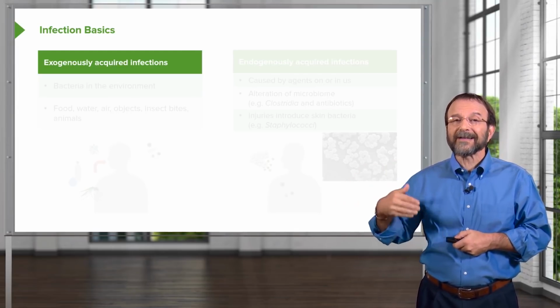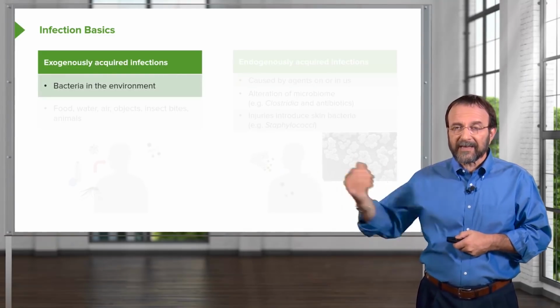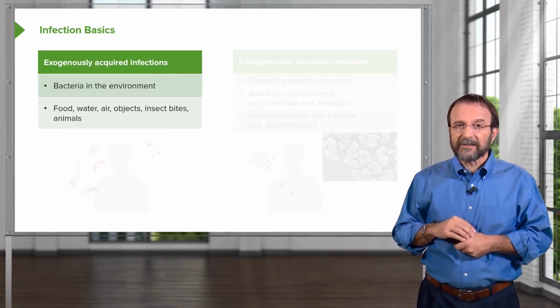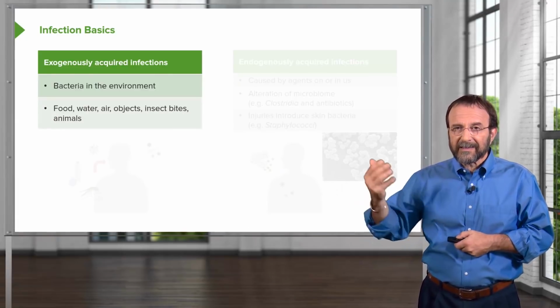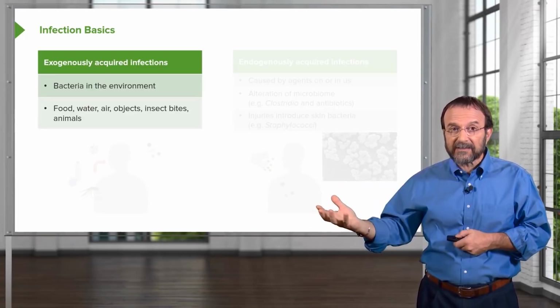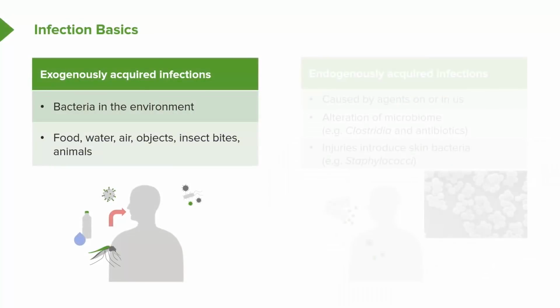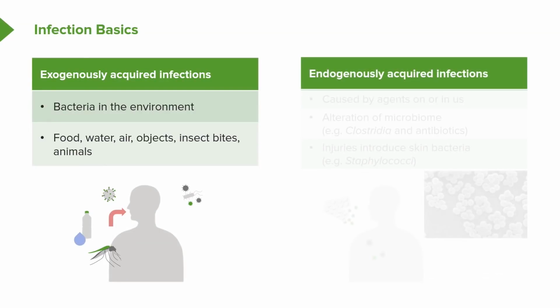Some are acquired exogenously from some external source, like bacteria in the environment, or bacteria in the food, the water, the air, the objects we touch, insect bites, or any animals, dog bites, for example. And so those are exogenously acquired from elsewhere, and that contrasts with endogenously acquired infections, where our microbiome suddenly turns on us.